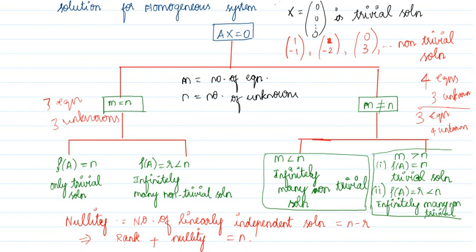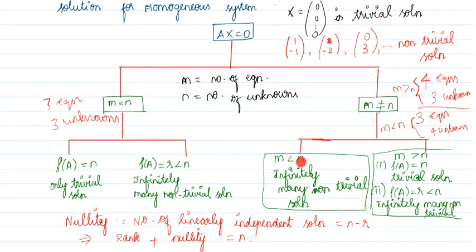So if m is not equal to n, then there are two cases: m greater than n, and m less than n. First case we will see is m less than n. This is m less than n, correct?